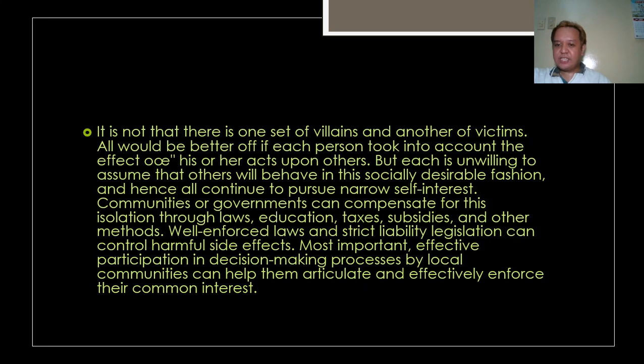But each is unwilling to assume that others will behave in this socially desirable fashion. And hence, all continue to pursue narrow self-interest. Communities or governments can compensate for this isolation through laws, education, taxes, subsidies, and other methods, while enforced laws and strict liability legislation can control harmful side effects.